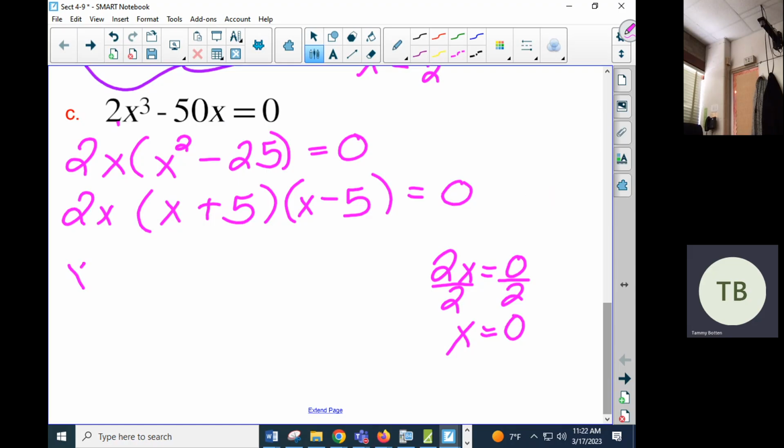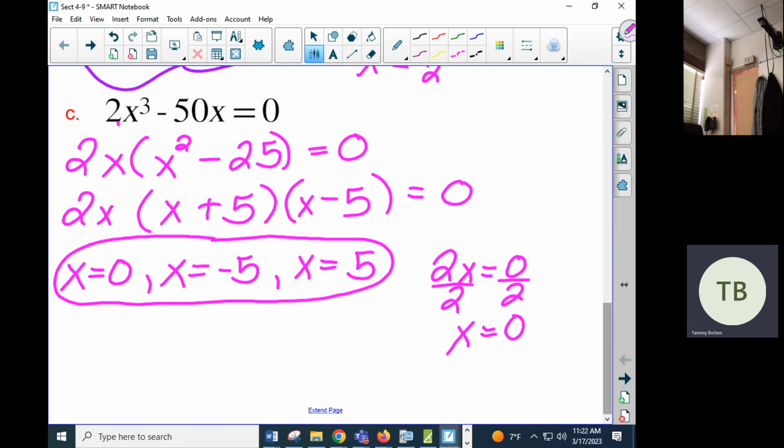So this answer is x equals 0. This one, I can just do the opposite of this. And this one would be the opposite of that. There's no i's in any of them. So we have 3 answers. So we just say 3 real roots.